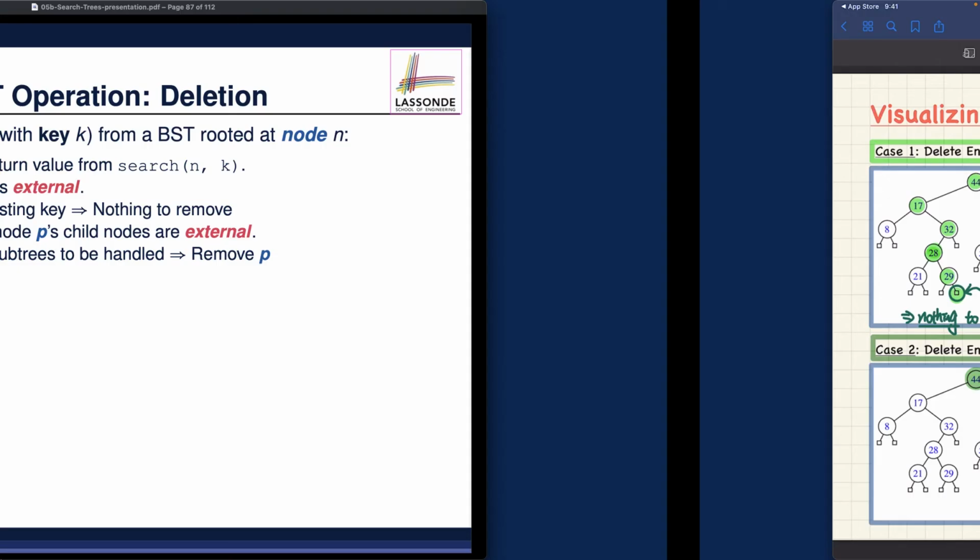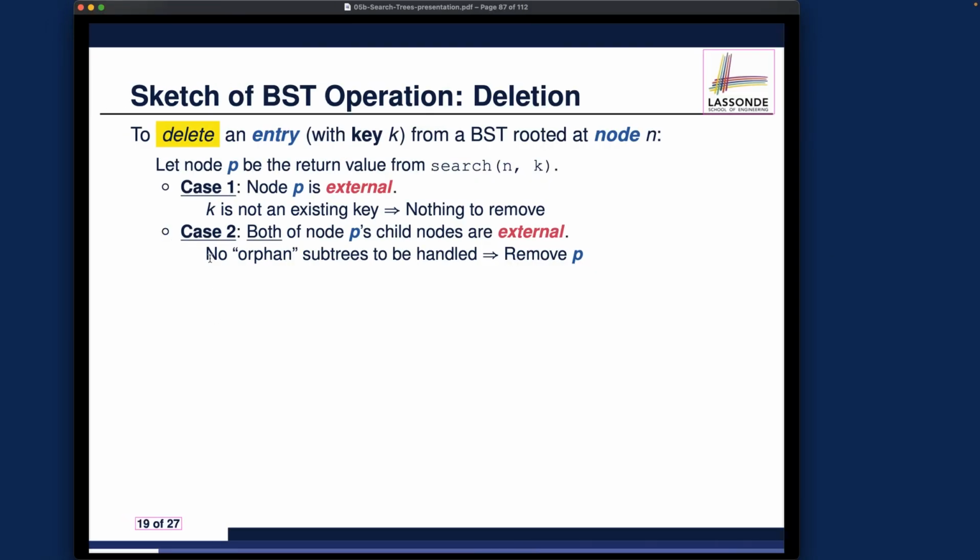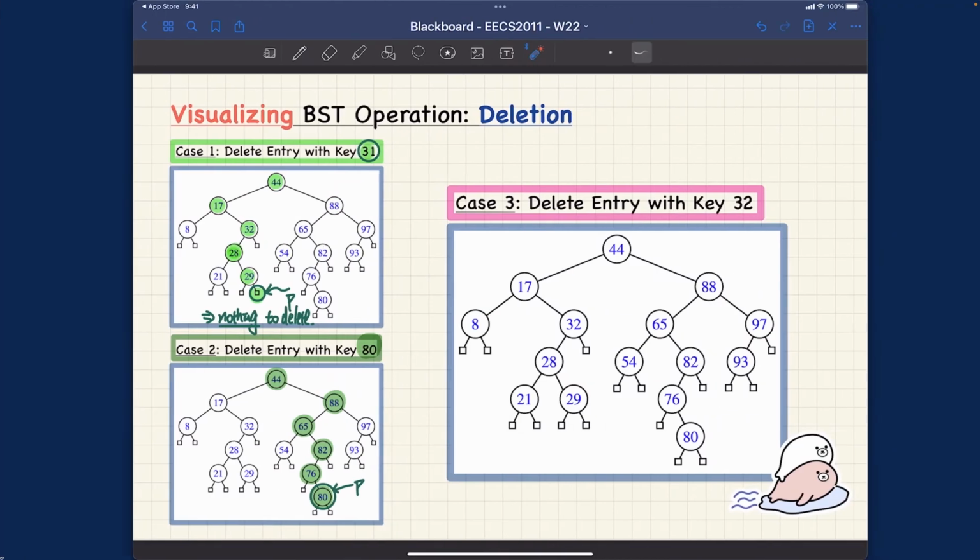The phrase over here, when we said there's no orphan subtrees to be handled. When we say orphan subtree, let me just mention very quickly. Let me define that, and then we'll see exactly what it is in later cases.